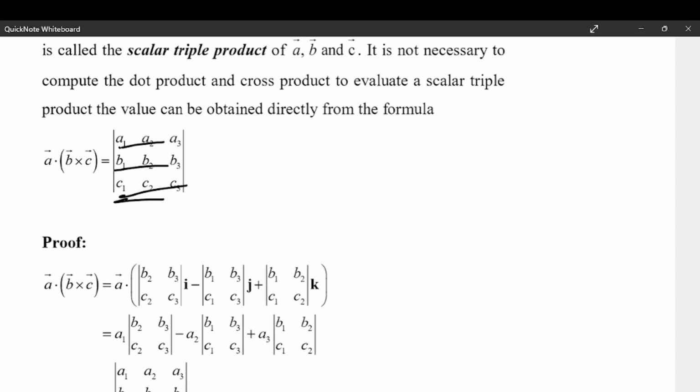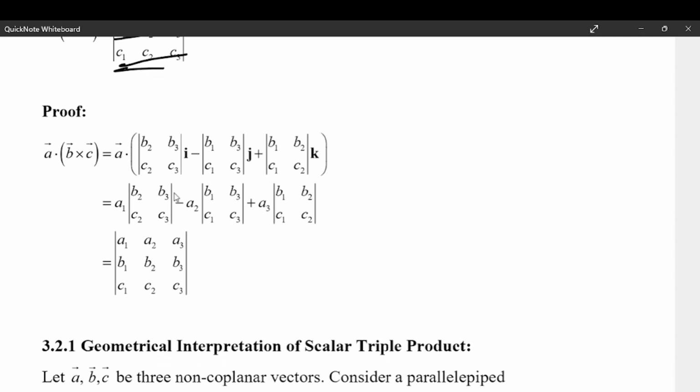Now let's prove this, a small proof here. We are seeing why this is an acceptable formula to use for a scalar triple product. Suppose we maintain vector A and then we cross vector B with C. Then by the rule plus minus plus from the determinant of a matrix, we are going to have B2, B3, C2, C3 i, minus B1, B3, C1, C3 j, plus B1, B2, C1, C2 k.